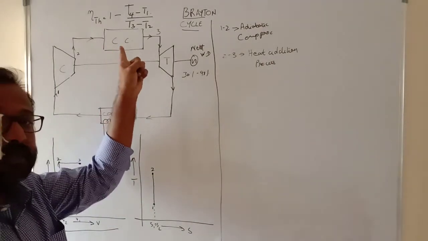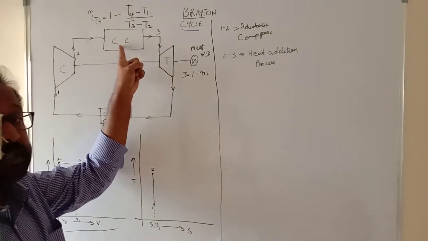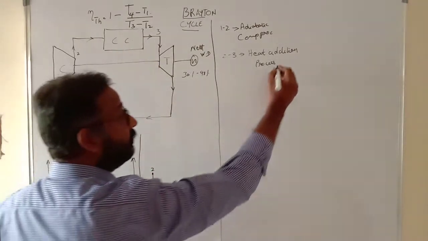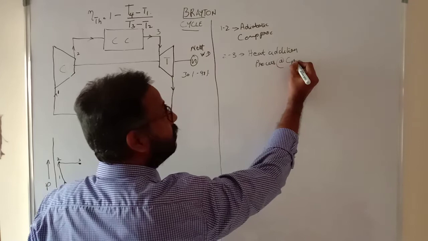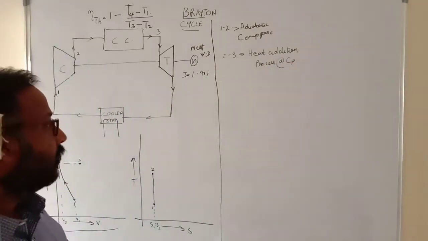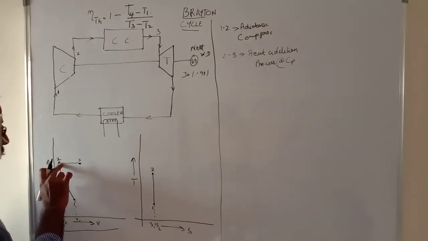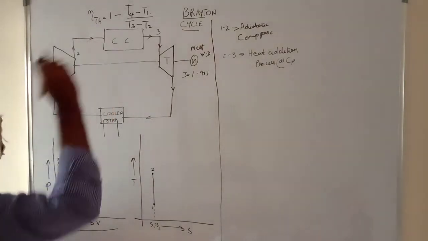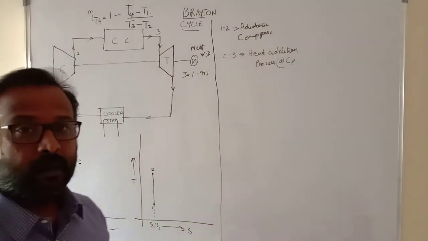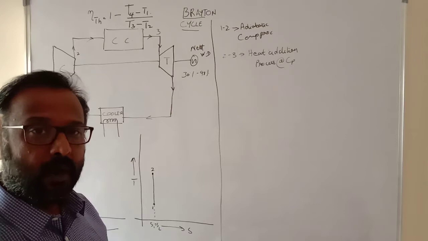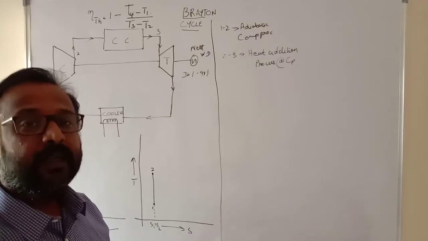High pressure air is mixed with fuel and combustion takes place. That means heat is being added, and it happens at constant pressure. So in the PV diagram, the pressure remains constant, and when this gas is heated up with a lot of pressure and temperature, obviously the volume also increases.